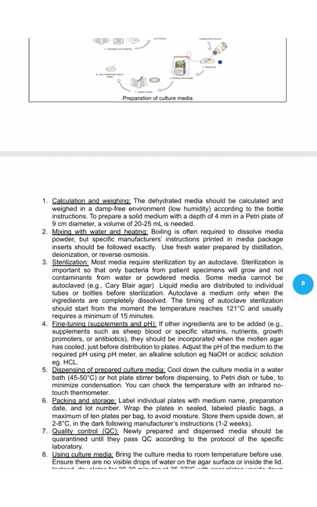You have to make sure that the temperature is slightly above the solidification of the agar, which is between 45 to 50 degrees centigrade, before it completely solidifies and you will not be able to pour it on the petri dish.